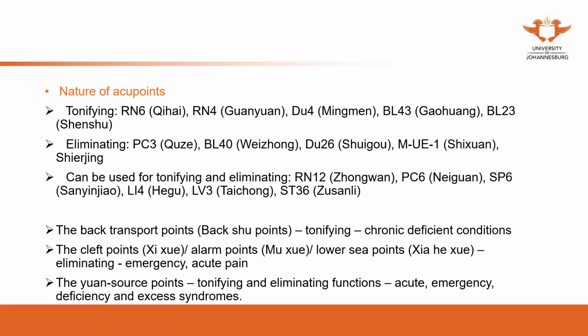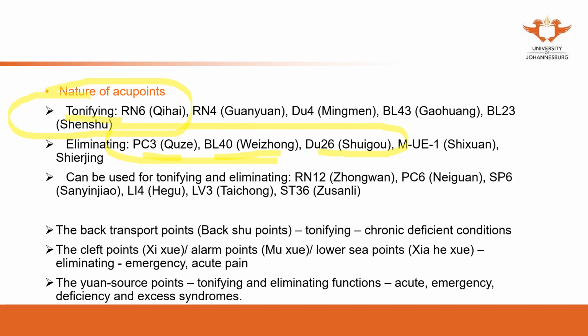You can choose the back shu points of the lung. In the meantime, you can always add this group of points to your prescription. You don't have to, but you always can add. That's because these points can tonify. For an excess syndrome, you always can use these points to help you to reduce the pathogens.